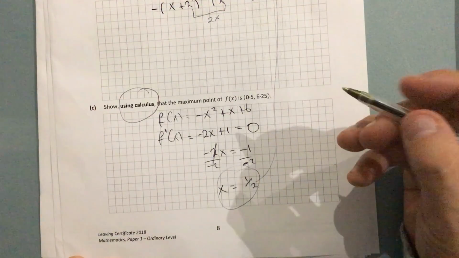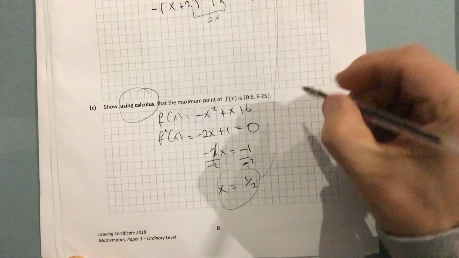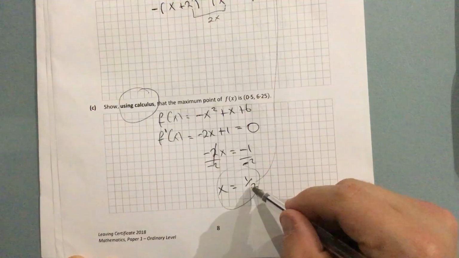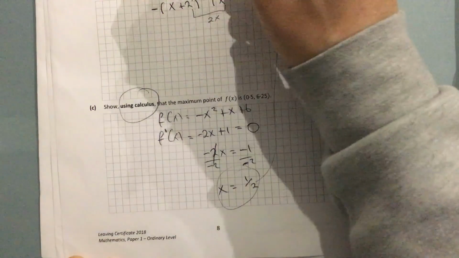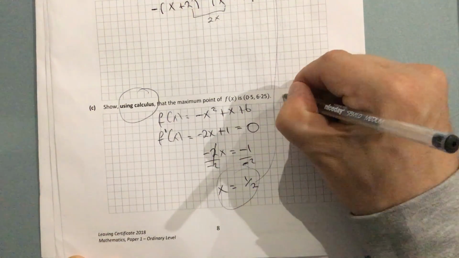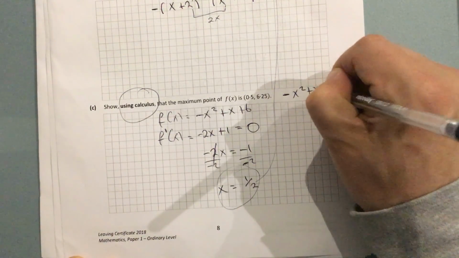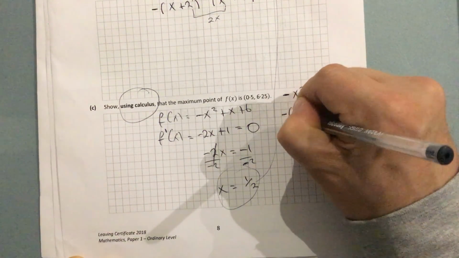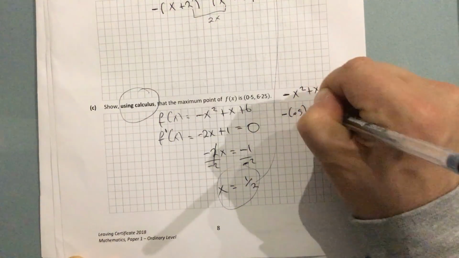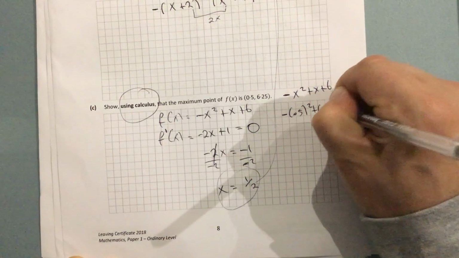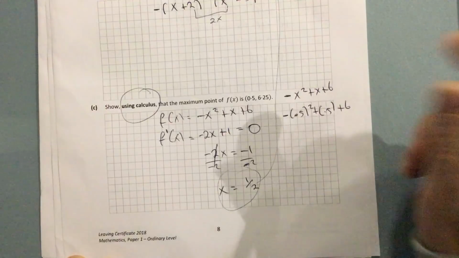So we need to find out exactly what that is. If I sub in a half or 0.5 into the original function, minus x squared plus x plus 6, I'll get minus 0.5 squared plus 0.5 plus 6.